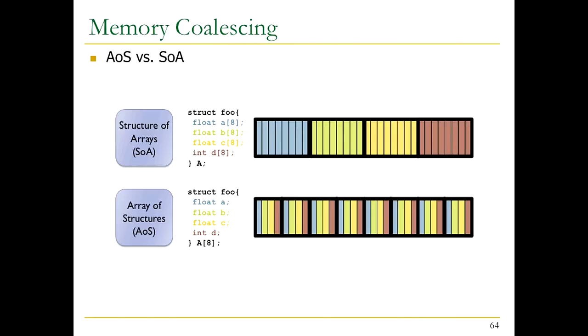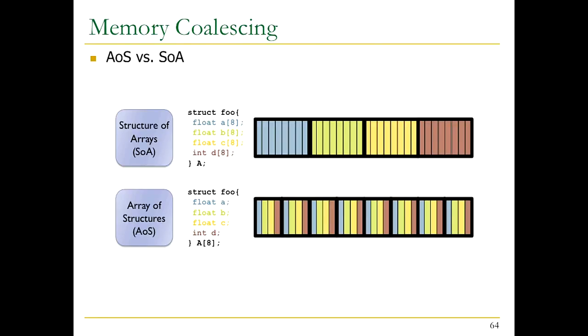The typical 2 organizations or 2 layouts are the structure of arrays and the array of structures. So you see what's the difference between them. In the array of structures, which probably is a better deal for CPUs, we are going to have an array, and each of the array elements is a struct.